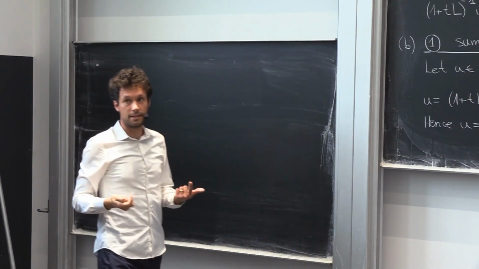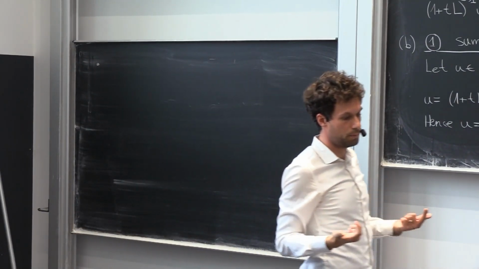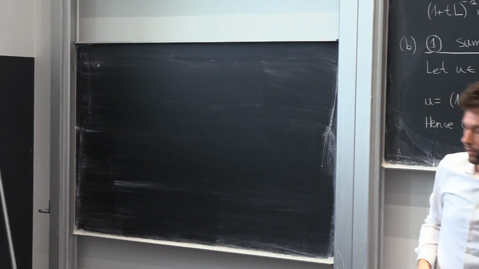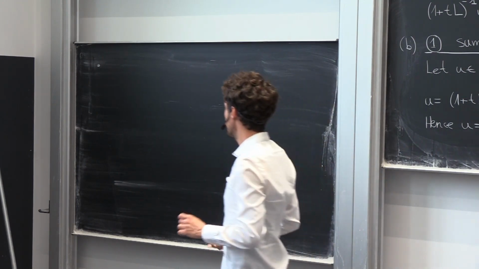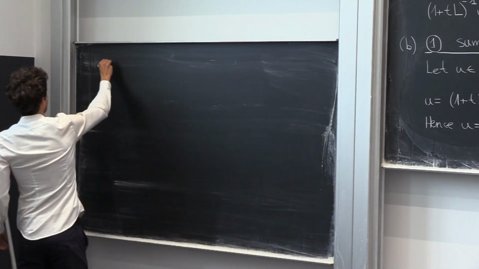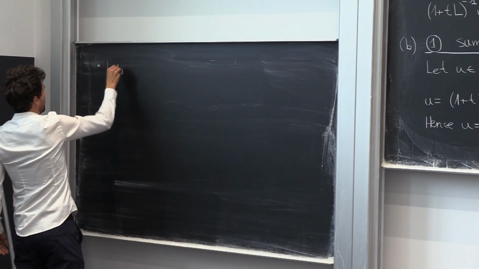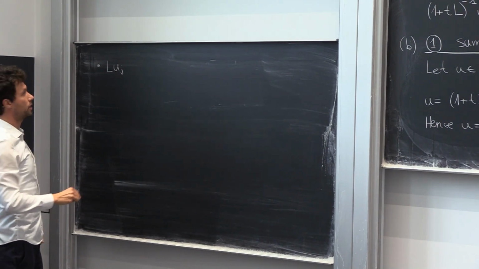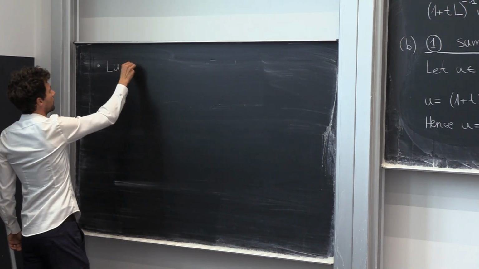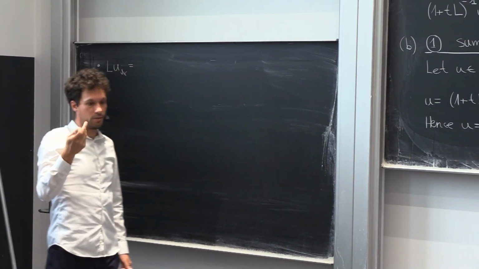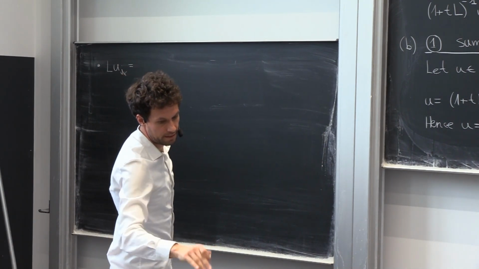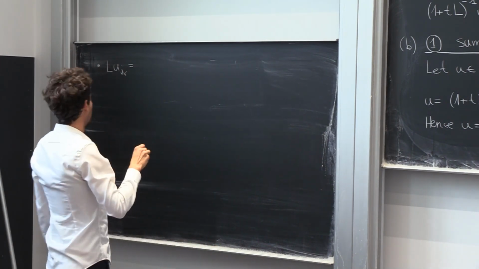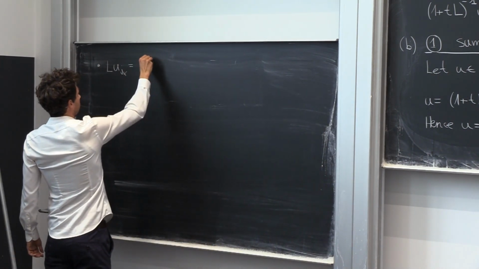Now the next thing is, I want to put this sequence in relation with the operator. Okay, so let's see what happens when I compute L of u_{j_k}. I mean, these u_{j_k} are in the domain of the operator by construction as resolvents. Okay, so let me write down what that is.